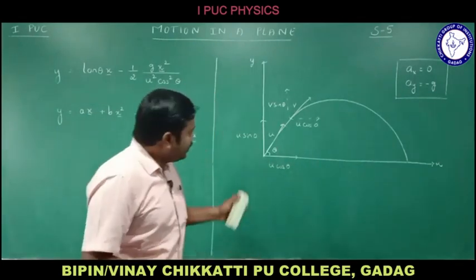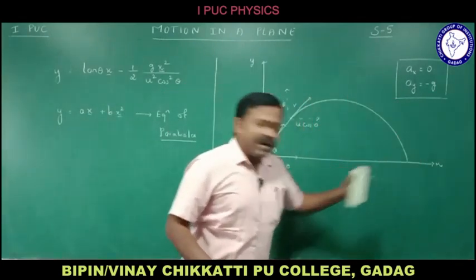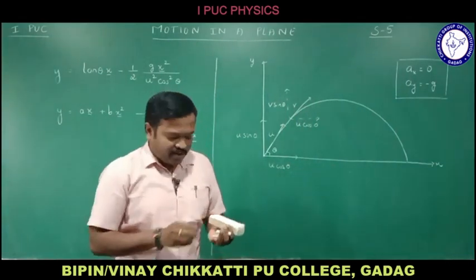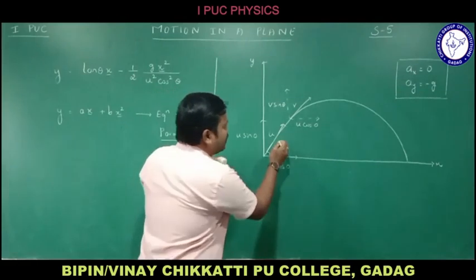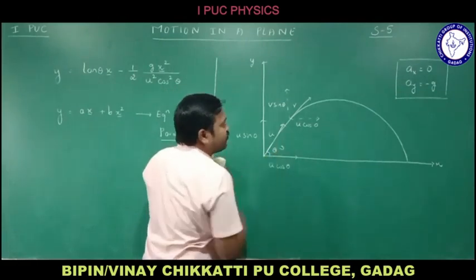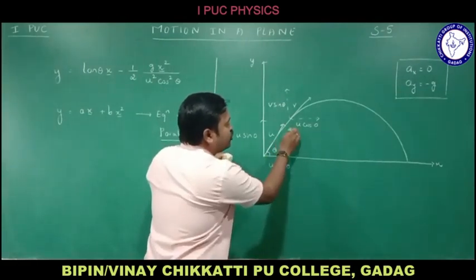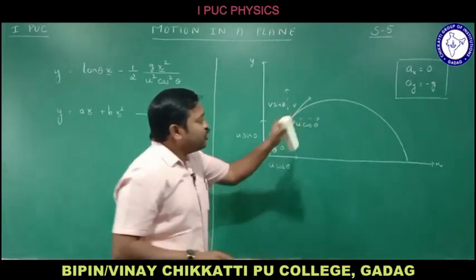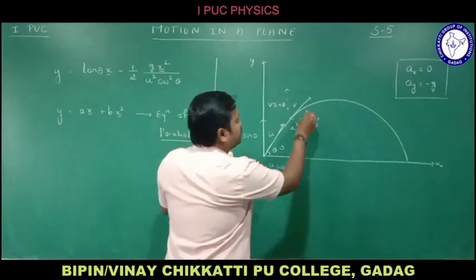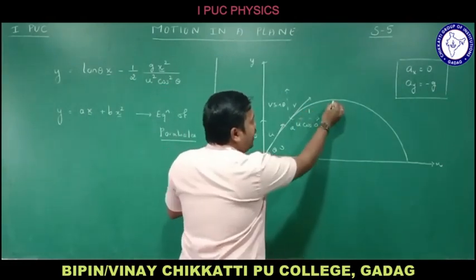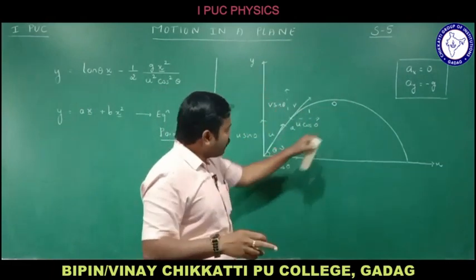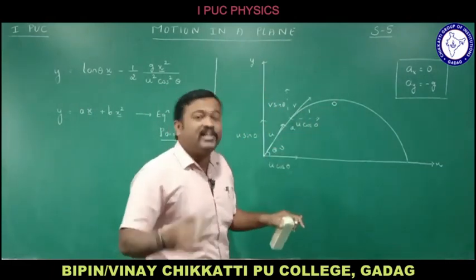Let me imagine it like this. If I am throwing the body with 3 meters per second, what is the speed here? 3. What is the speed here? 2. If the speed is 1 at this point, and I am speaking about the vertical component, because the horizontal component is the same here.